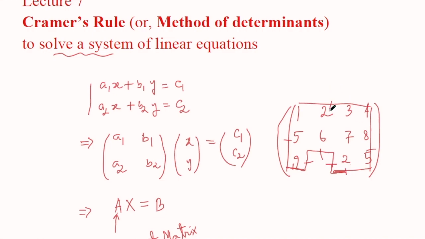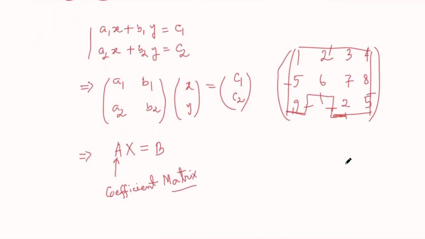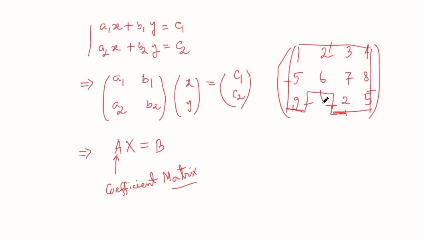So this arrangement is no longer a rectangular arrangement, and in that case, this is not a matrix. Again, let me put 0 here. So now it is a matrix. And these are called the entries of the matrix: 1, 2, 3, 4. These are the entries or members or elements of a matrix.